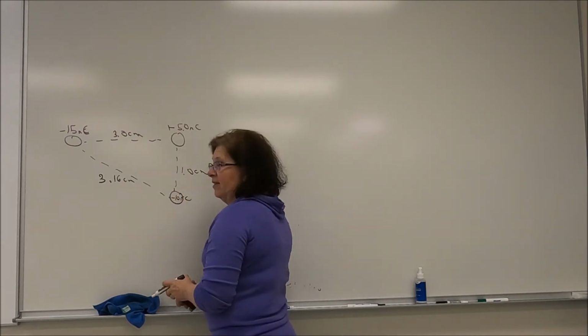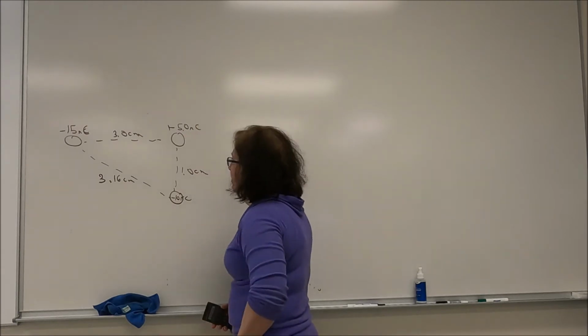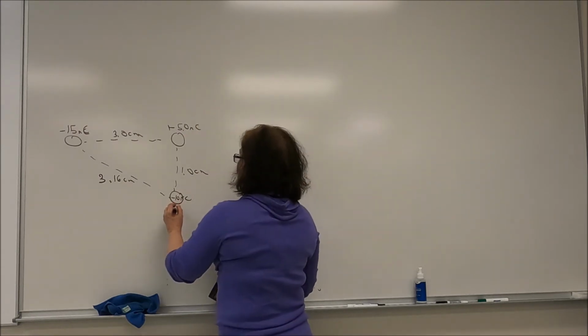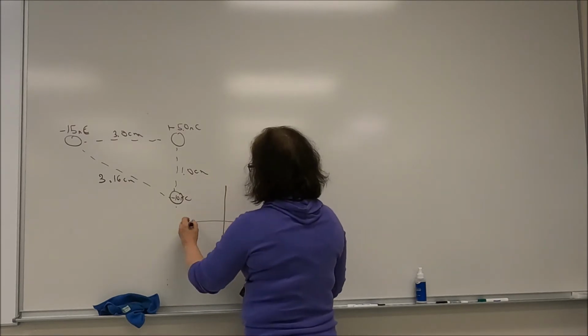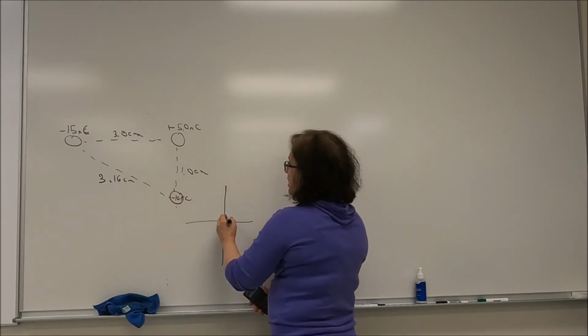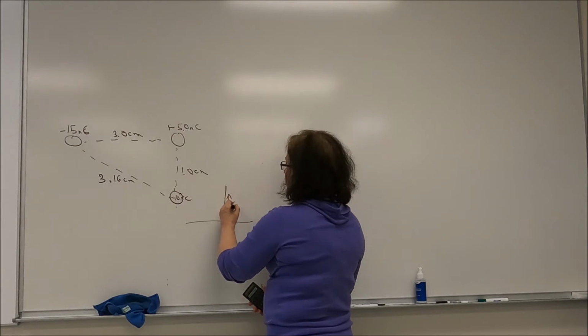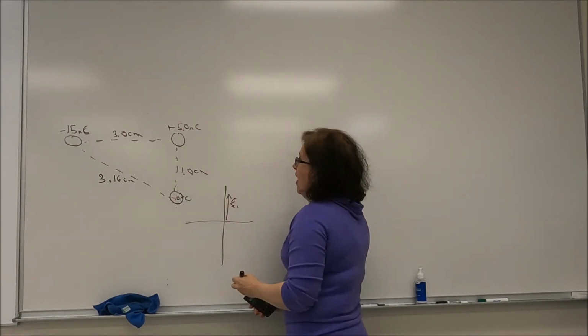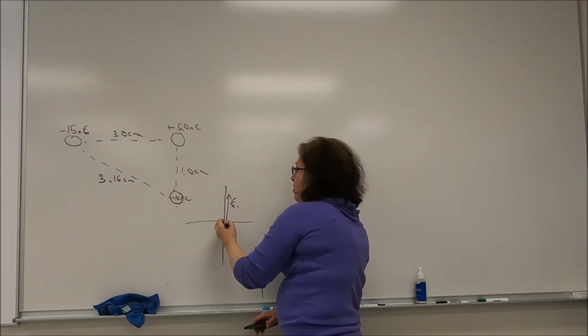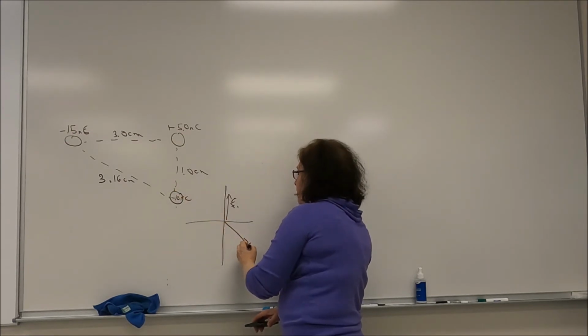Your book always takes things as 3 sig figs. So if I look at this 10 nanocoulomb charge, it's going to have a force 1 up because it's going to be attracted there, and it's going to have a force 2 pointing down here.